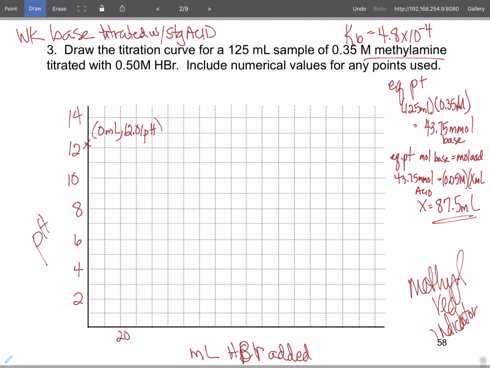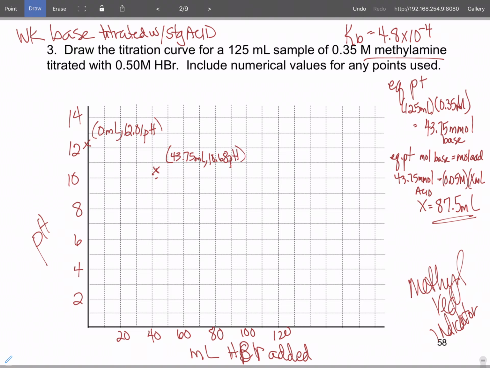Well, this one's kind of hard, so I thought about it, and I've got this one set up like this, with 10 points per run. So if we added 43.75, and we're at 10.68, somewhere around here. Now these are kind of hard to graph, so if you put in your points, you're okay. 10.68 pH.